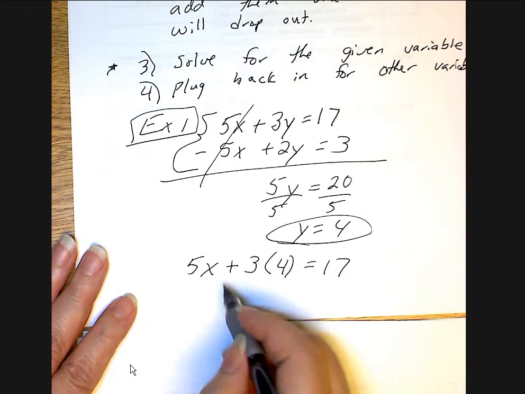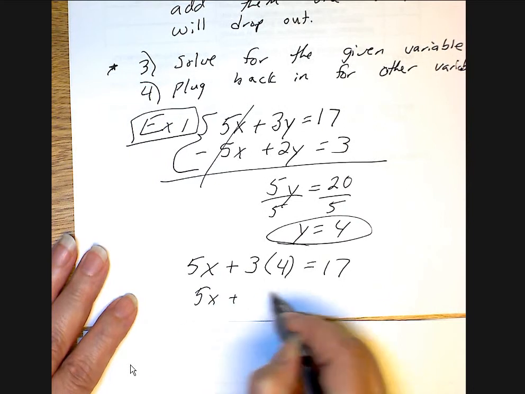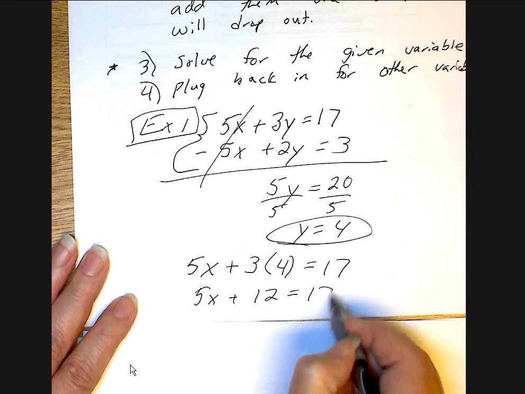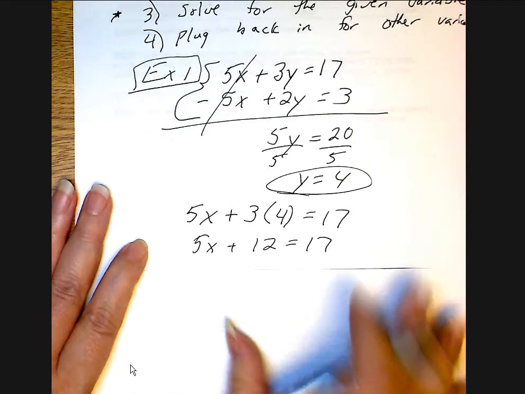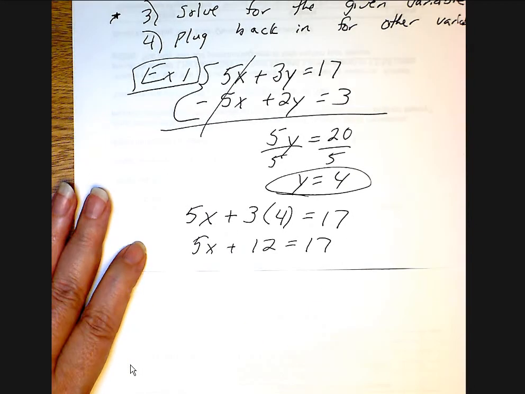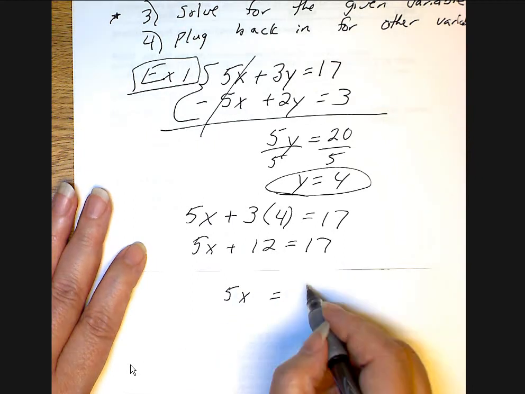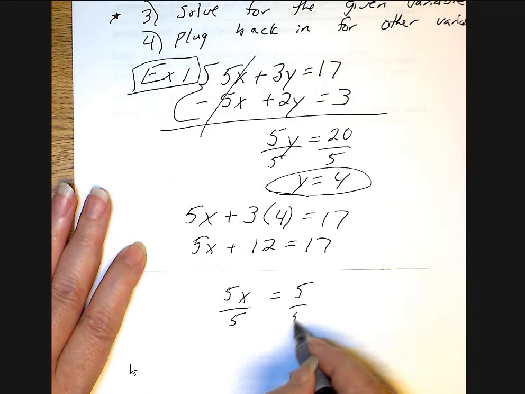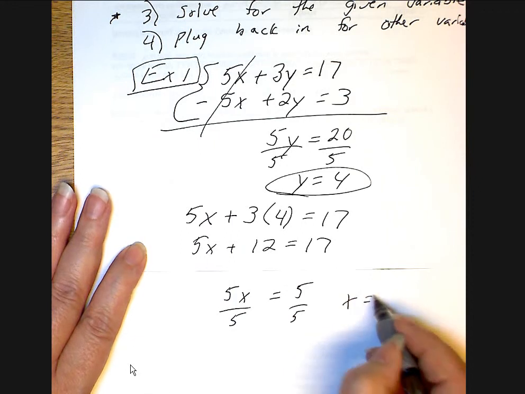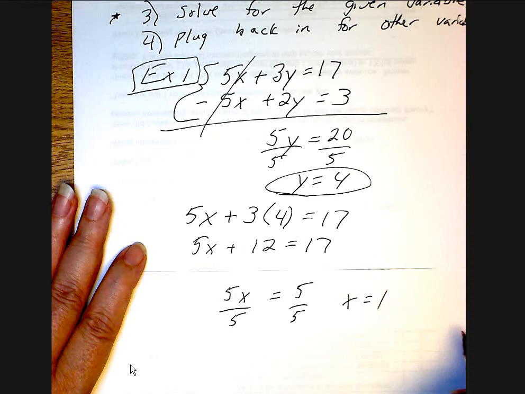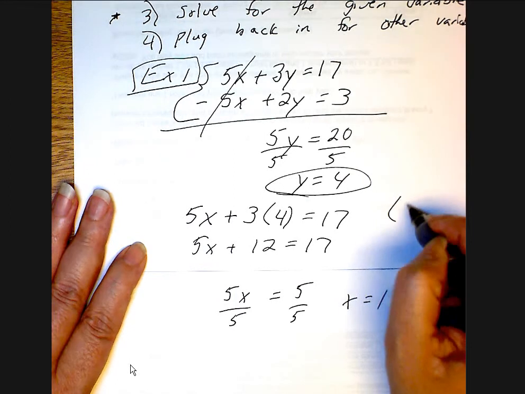So I have 5x plus 12 is equal to 17. So we have 5x is equal to 5. Divide by 5. So x is 1. So my point is 1 comma 4.